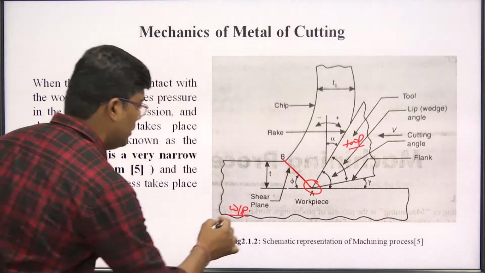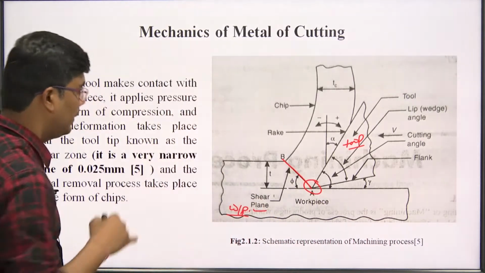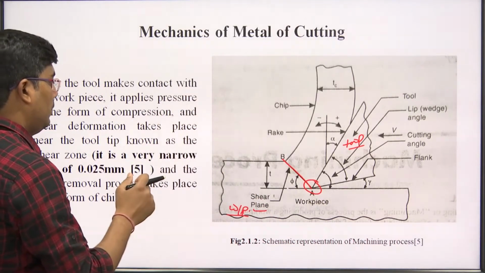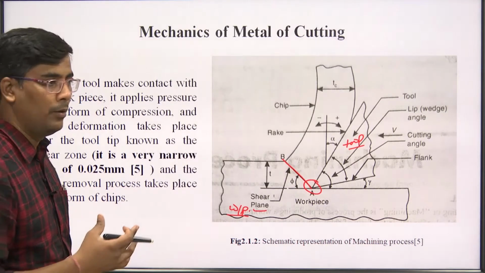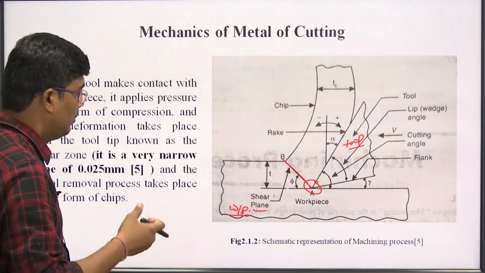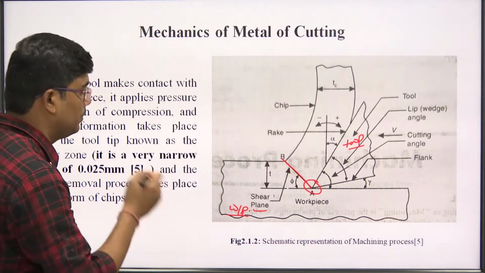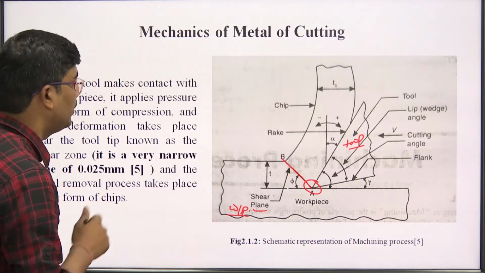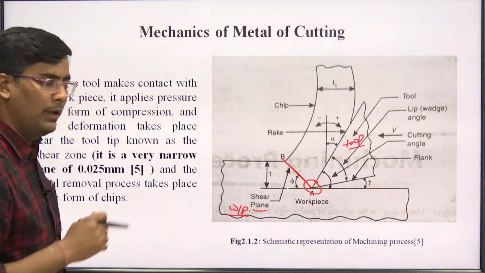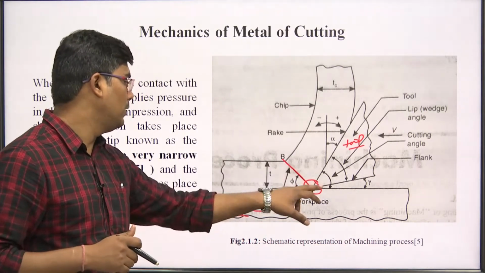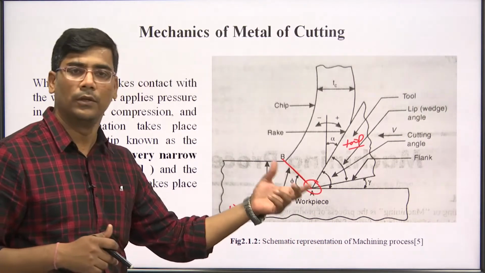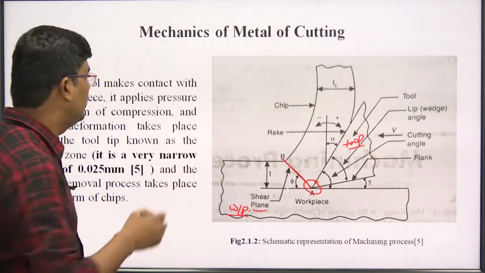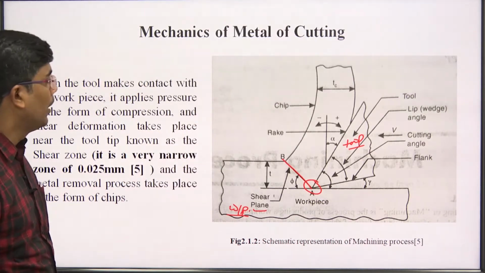This is known as the shear plane. The shear plane deforms and removes the material in the form of chips. This is the mechanics of metal cutting. In one line we can say, when we apply the cutting force, a shear deformation will develop, and that deformation will take place in the form of chips. This is the mechanics of metal cutting.